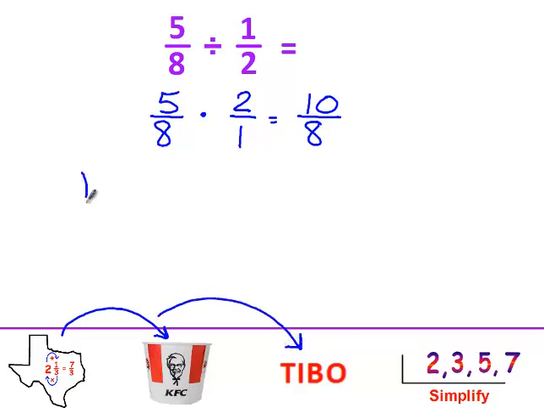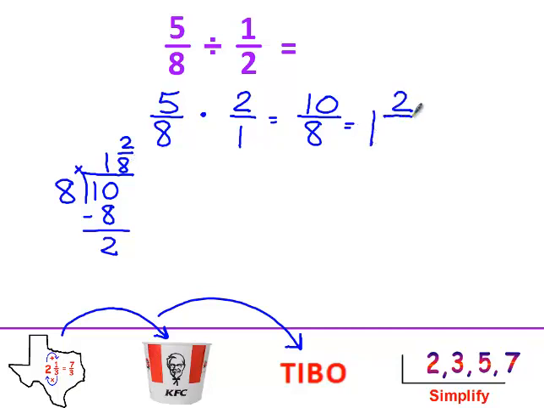I'm going to top in, bottom out. I can get one group of 8 out of 10, and I have 2 left over. This is my numerator, 8 is my denominator. But before I accept that answer, I'm going to see if I can simplify that fraction.